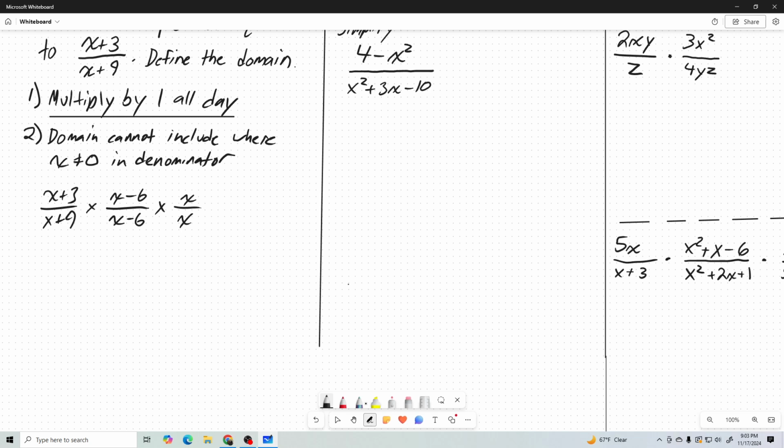So first I'm going to multiply the tops. I have x plus 3 times x minus 6, and that's going to give me x squared. I have a plus 3x and a minus 6x, so minus 3x. And then 3 times 6 is 18, so minus 18. And then that's all times x, right?